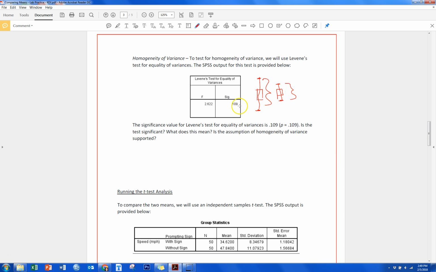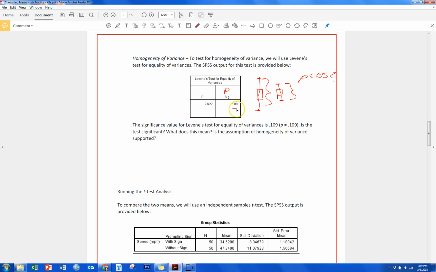We know that our cutoff for statistical significance is p less than 0.05. So we're asking the question, is p less than 0.05? Right? If it is, then there's a significant difference. If it's not, then there's not. So over here, significance, so this is our p-value for this test, is 0.109, right?